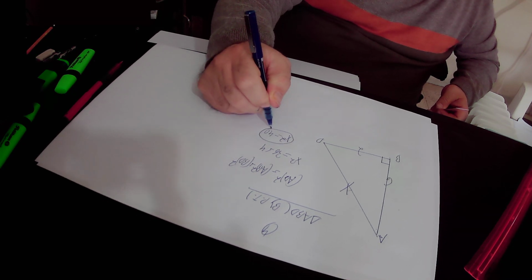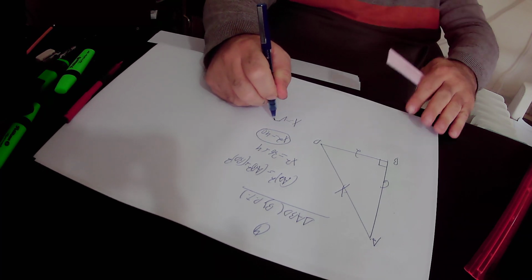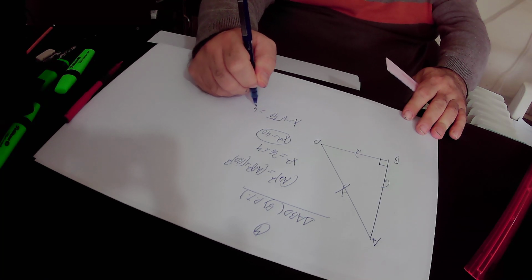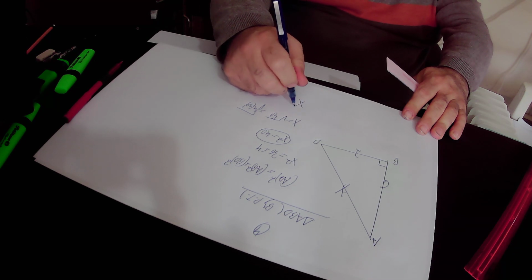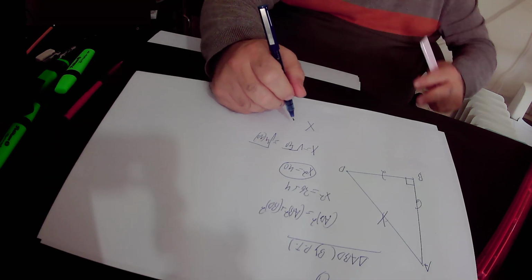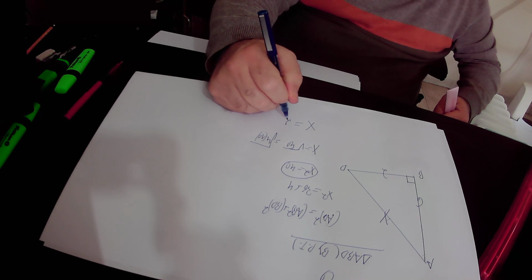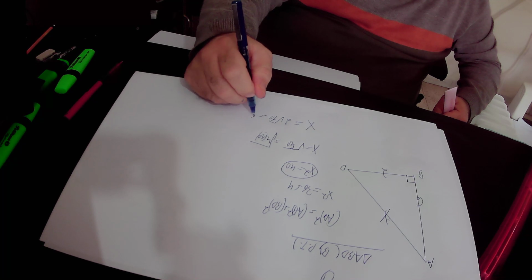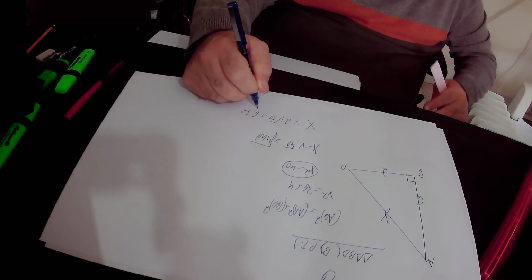We take a root of this equation, and we get that x equals the square root of 40. 40 is 4 times 10. So in conclusion, we found out that x, the line segment that we are looking for, is equal to either 2 times the square root of 10 units, or in terms of numbers, 6.32 units.